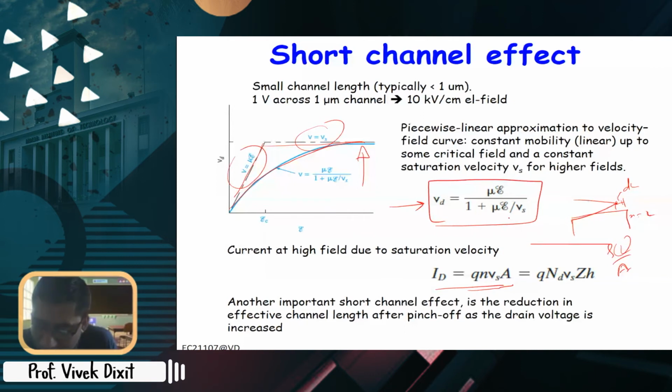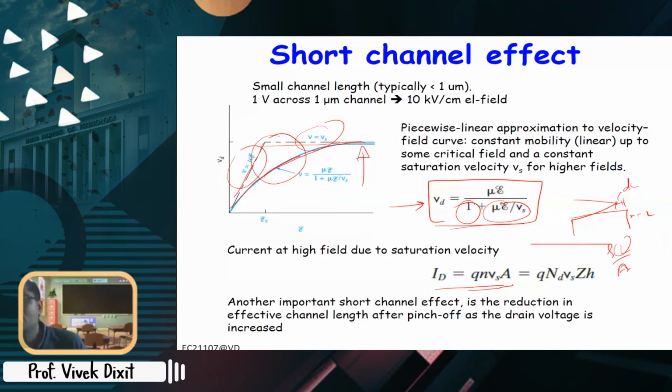So if the field is small, then you can ignore this one and your Vd will be mu E. If field is large, then you can ignore one, your drift velocity will be Vs. But most of the devices actually operate somewhere here, right? So you cannot keep on switching these regions. So we use this generalized expression.